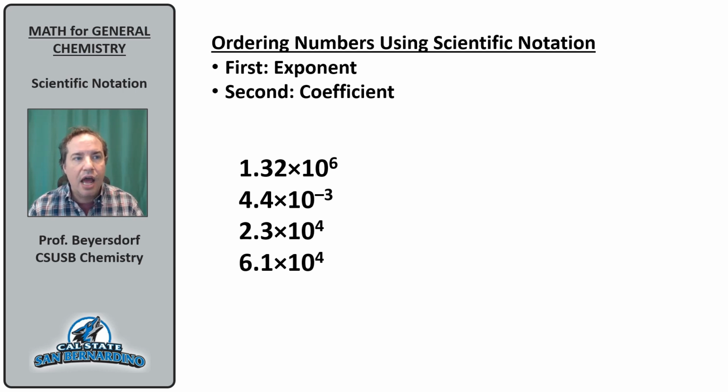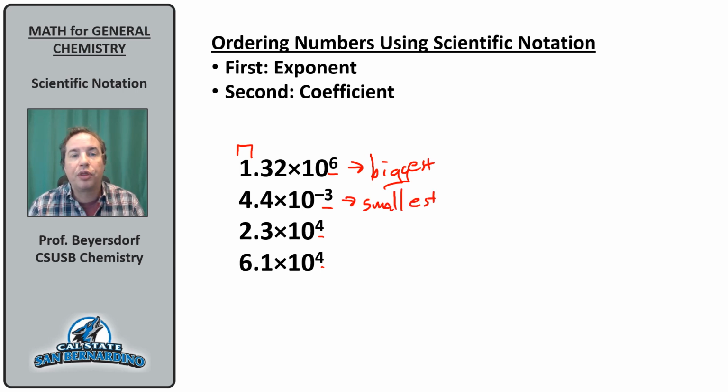This is a number where you have one digit in front of that decimal place, right? And so if they're all in proper scientific notation, it's fairly easy. The first thing I do is I look at the exponents. So 6, 4, and then -3. The biggest exponent is the biggest number. The smallest would be the smallest number.